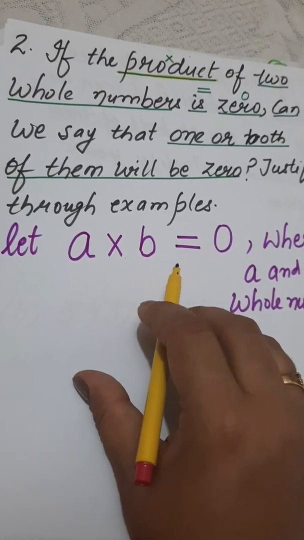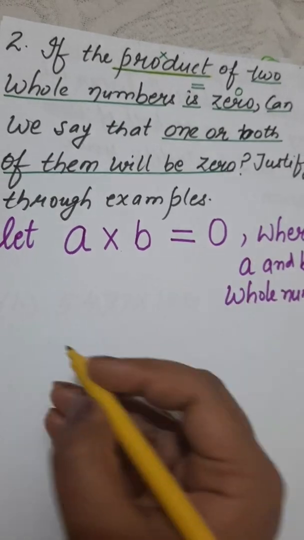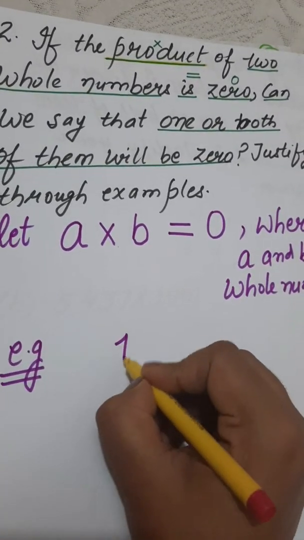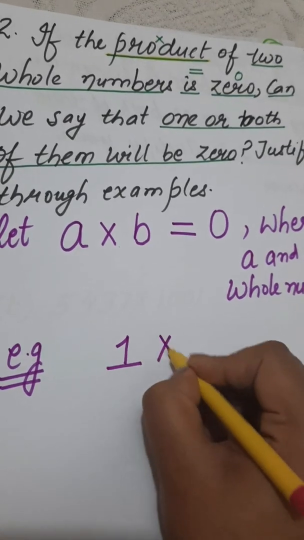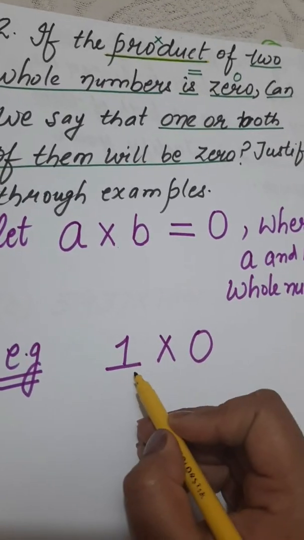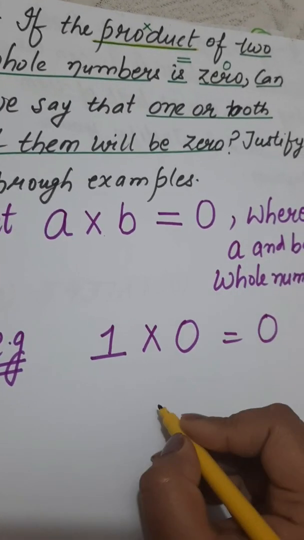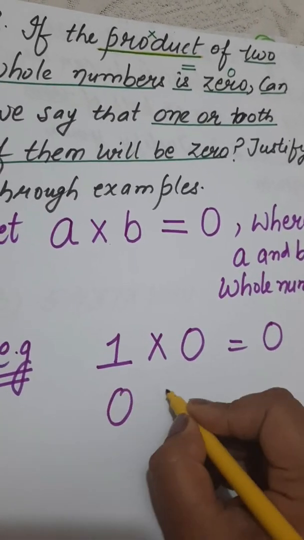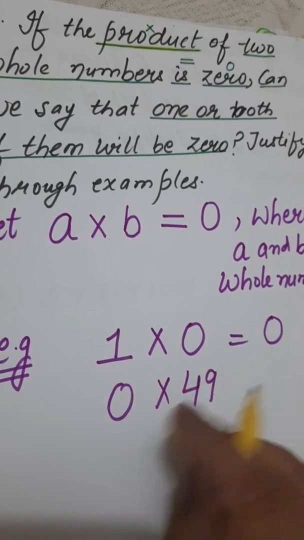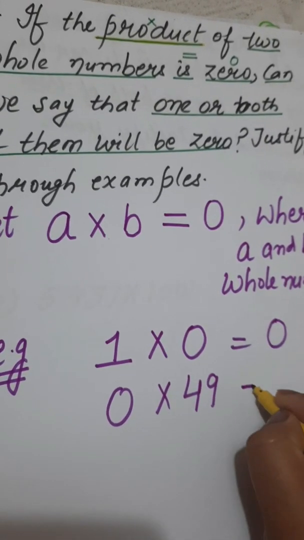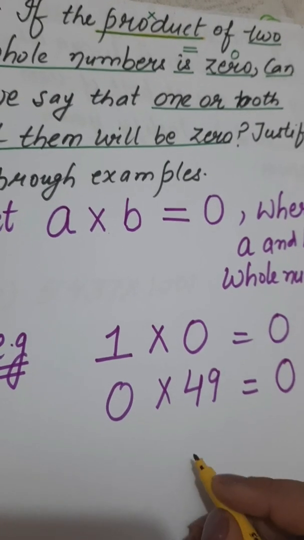Now you have to find when the product will be 0, if one or both of them will be 0. Justify through examples. Suppose I take an example. If I multiply 1 with 0, I will get 0. If I multiply 0 with 49, where both are whole numbers, again I will get 0.